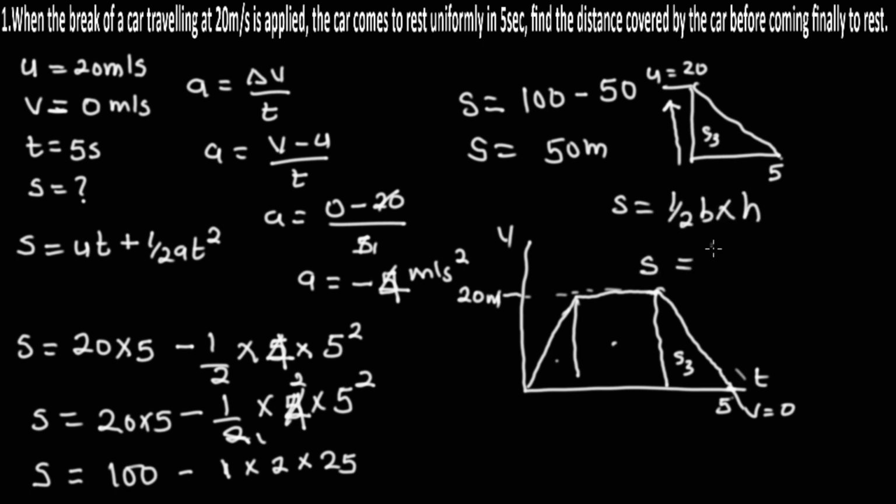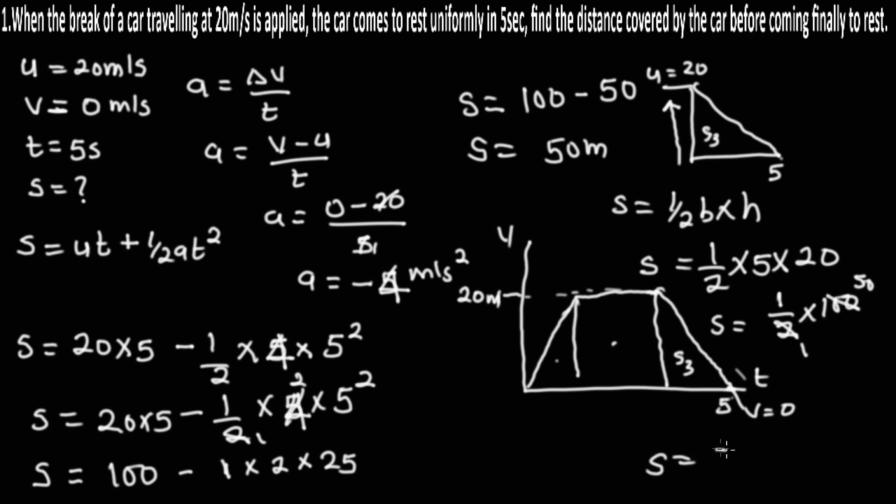So s is equal to half times the base, 5 seconds, times the height, 20 meters per second. Remember, 20 meters per second. When we do this, 5 times 20 is 100, so it is half times 100, which gives 50. s is now 50 meters, and it aligns with the previous answer.